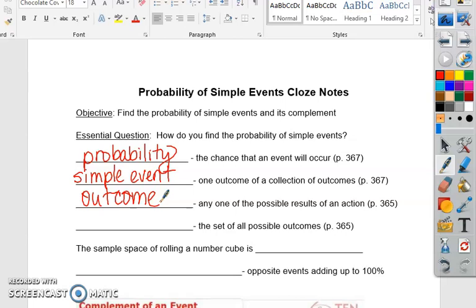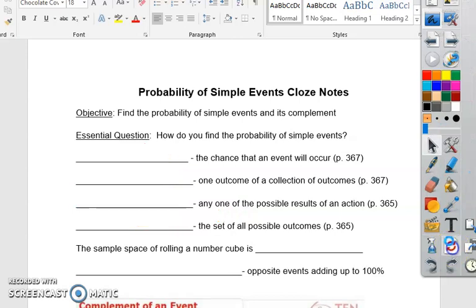And then the set of all possible outcomes, we call that the sample space, okay? I normally refer to your sample space as your list. If I'm abbreviating this definition, it's a list of all the possible outcomes, okay? So let's move on, and we will discuss this a little bit further.